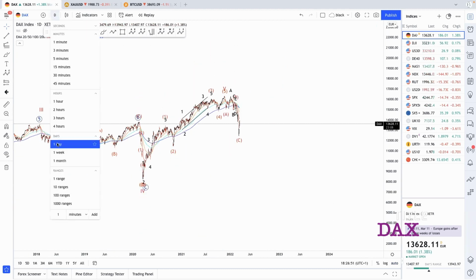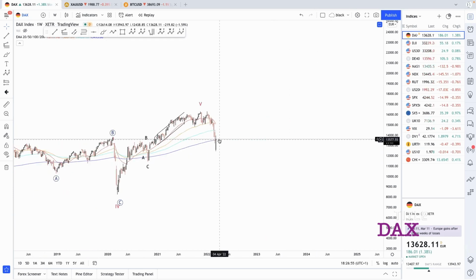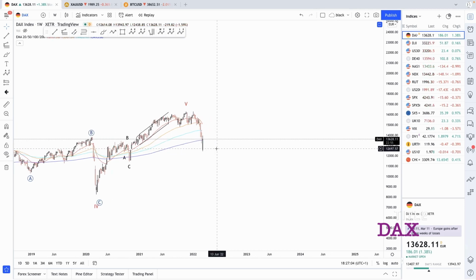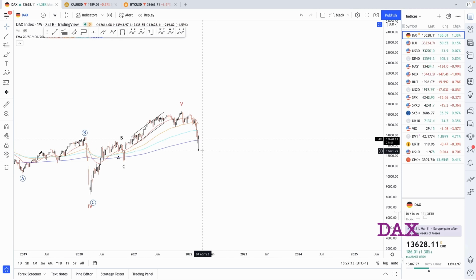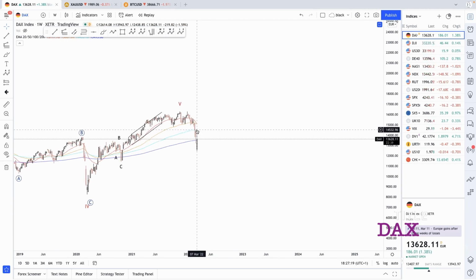The good thing, bringing you back to the weekly, is that we are finding support at the weekly 200 EMA. It is also true that this week, and we know the European market is closed, this week's candle made a lower low and it didn't make a higher high compared to the week before.